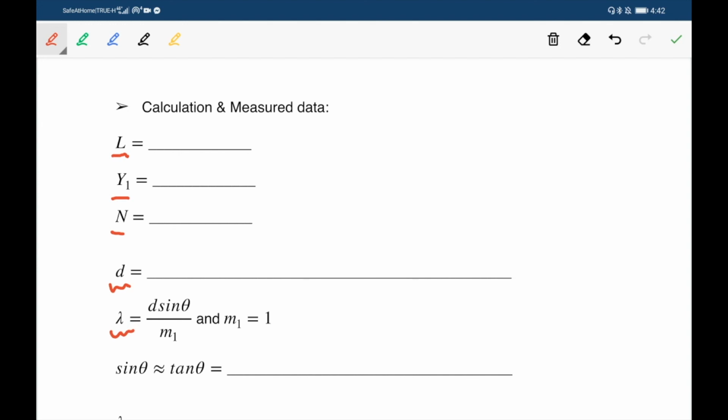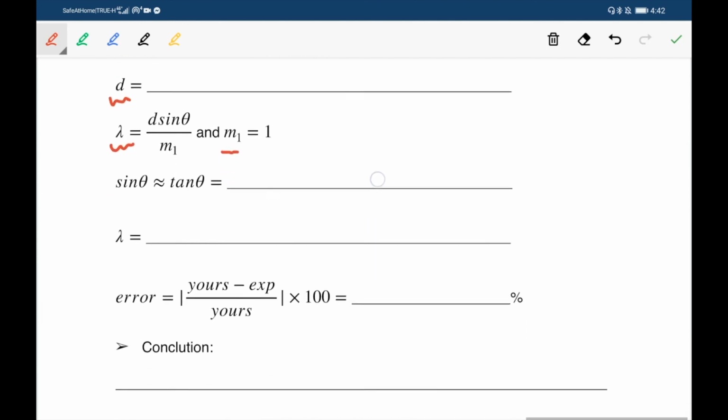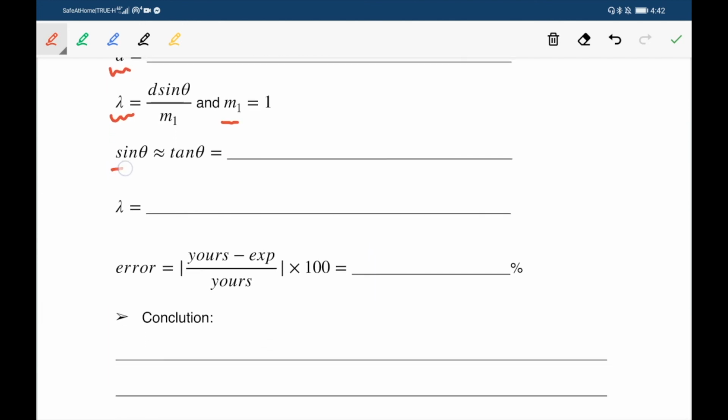Lambda is from the formula I give you, and for lambda we only measure y1, where m equals 1. Then we do the approximation: sine theta approximately equals tangent theta when theta goes to 0. Then lambda equals the formula I give you here.